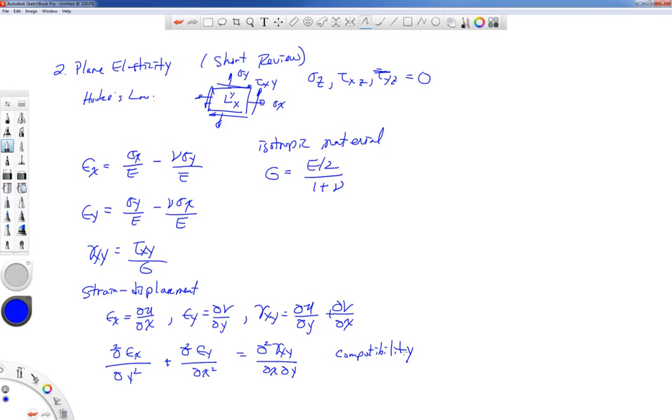And physically, the way to think about compatibility is that if you have a certain particle, that particle can't split up into two pieces, nor can two particles collapse and be in one point. So these are continuum assumptions, and they're very good, particularly at the macro scale.